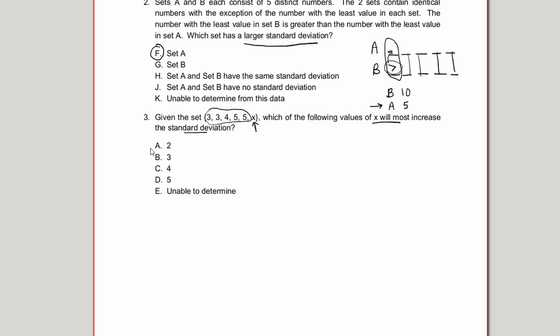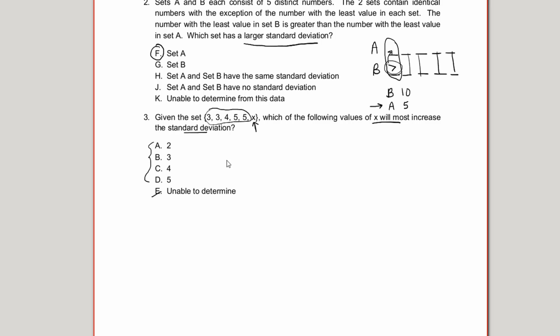So when we look at the values that we have, we think we can determine it, so we're going to eliminate option E by definition. We could actually look at entering each one of these values for x and calculating the standard deviation and do that.